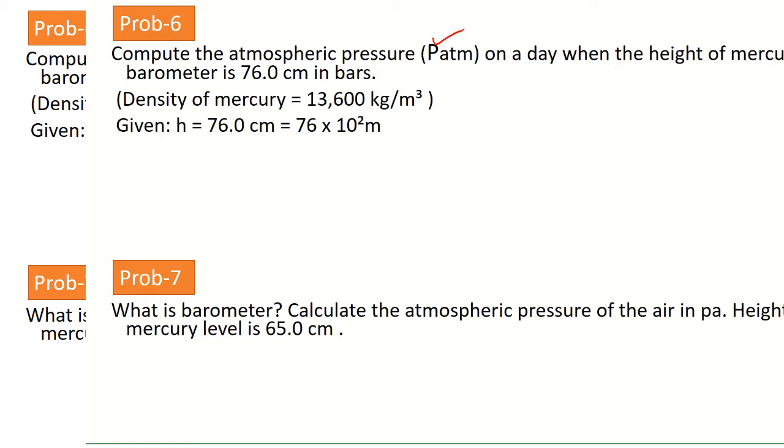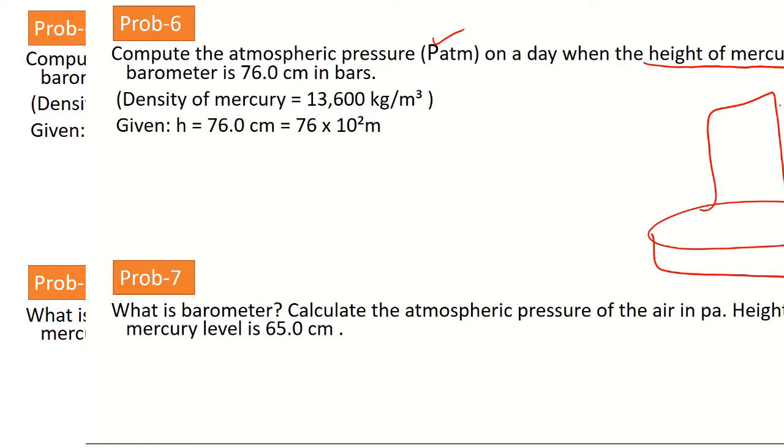This is your barometer tube, like this is the barometer device, and here there is a scale. They are talking about this height, this H. So this H is 76 centimeters.